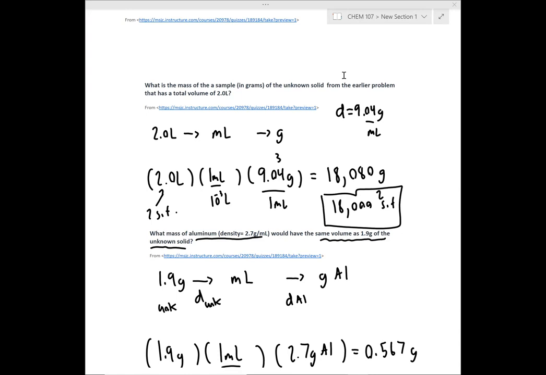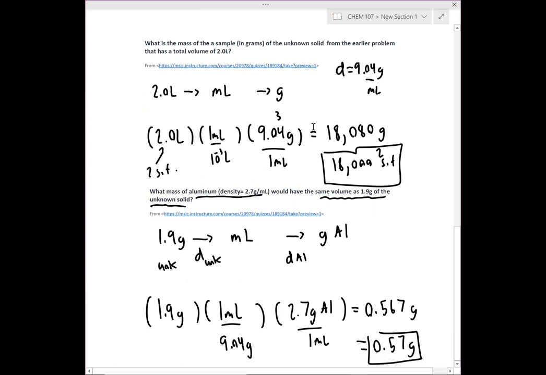Number 37. If your density is a little bit different, that's okay. That's more than okay. Do these examples make sense? Do these calculations make sense?